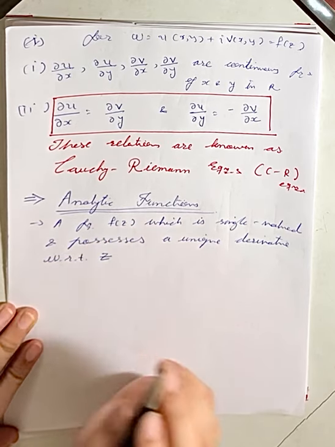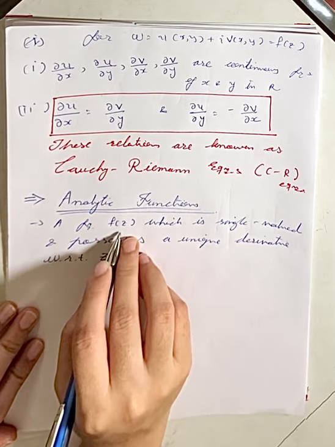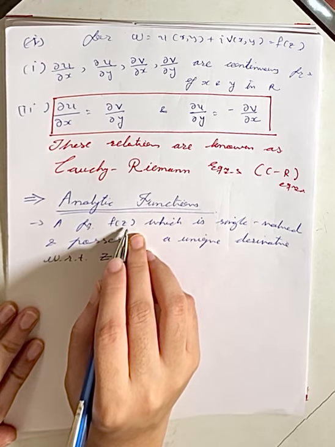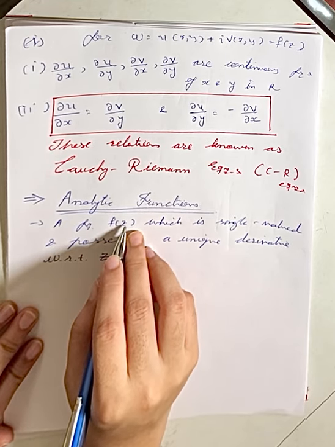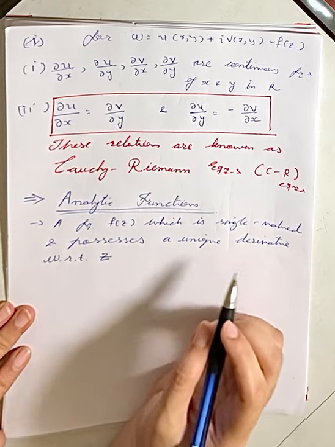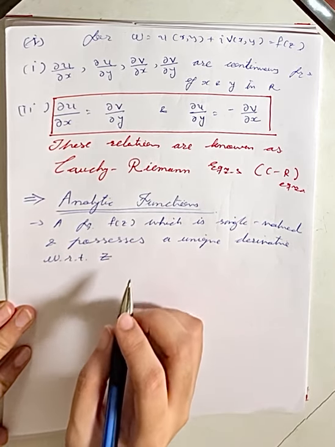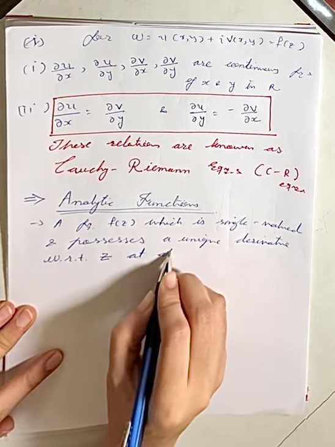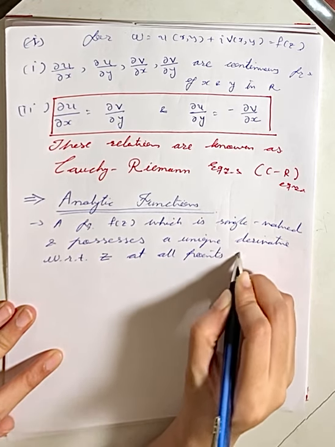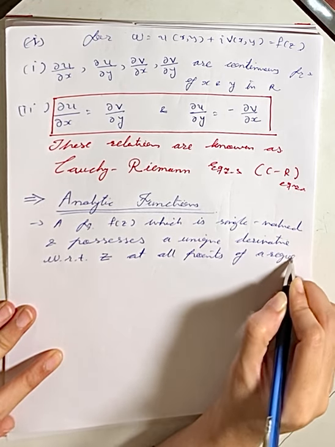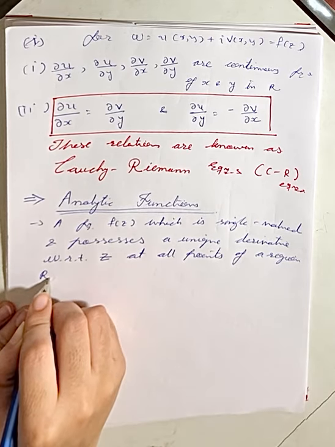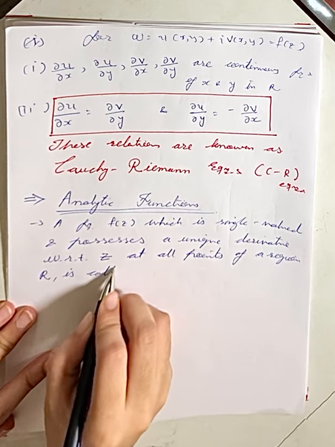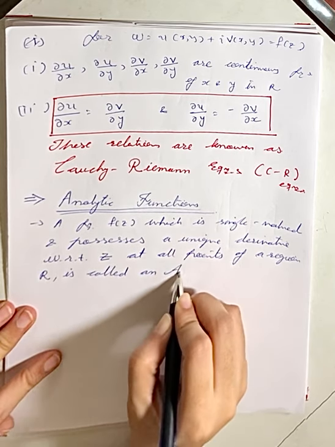So your function is itself single valued, and the derivative of that function is also unique, with respect to z, at all points of a region R. Then such a function is called an analytic function.